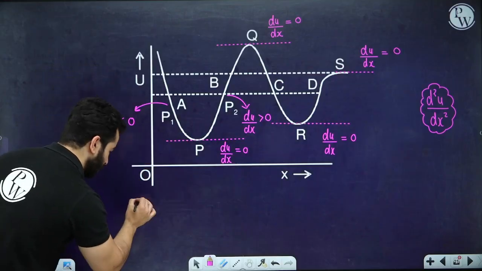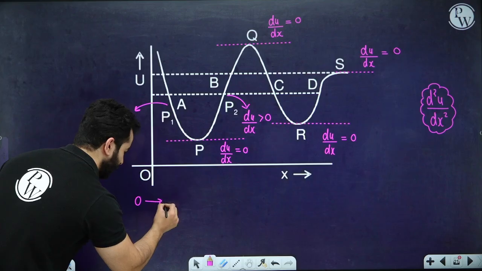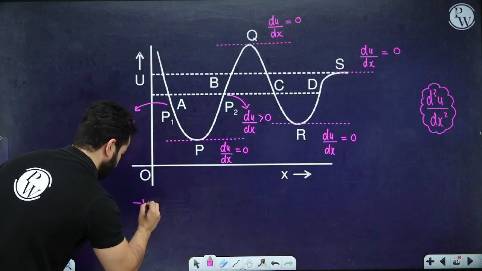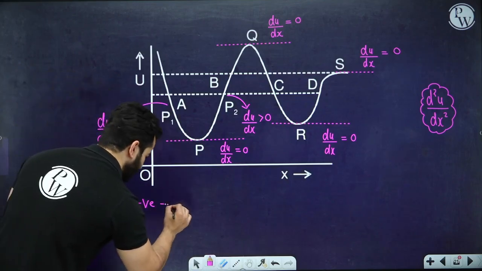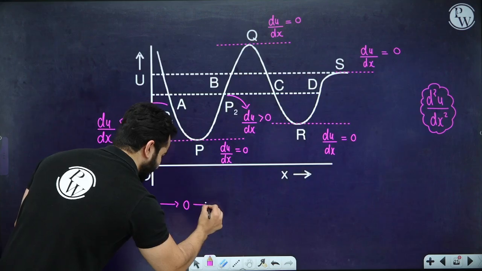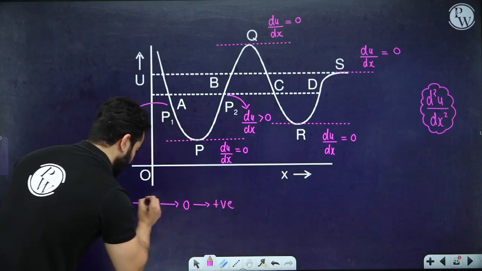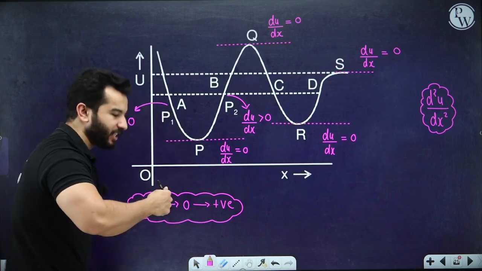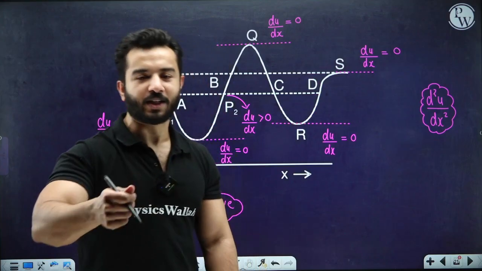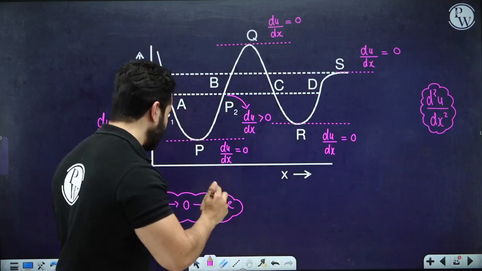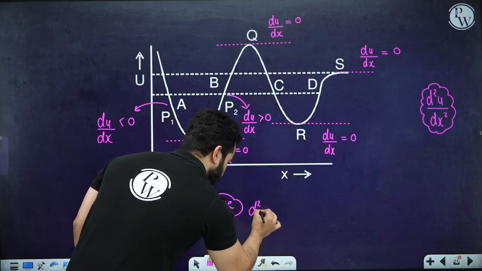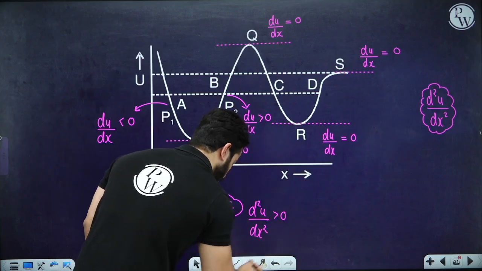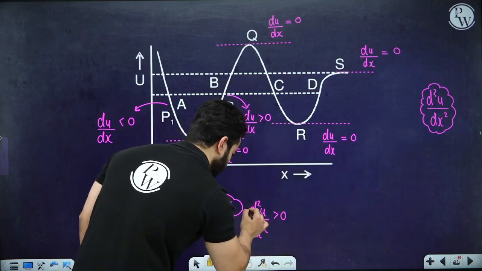So first it was negative, then it became 0, then it became positive. This means that the rate of change of potential gradient is positive. That is why we say that d2u by dx square is positive. Is it all good, my dear friends?